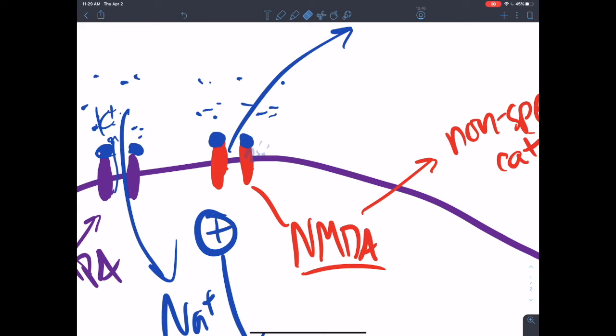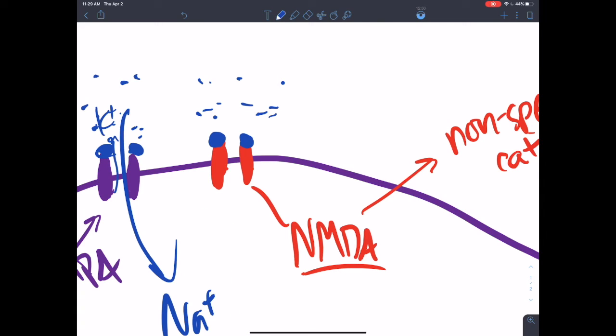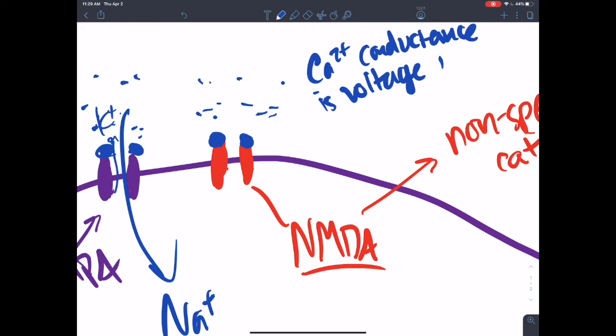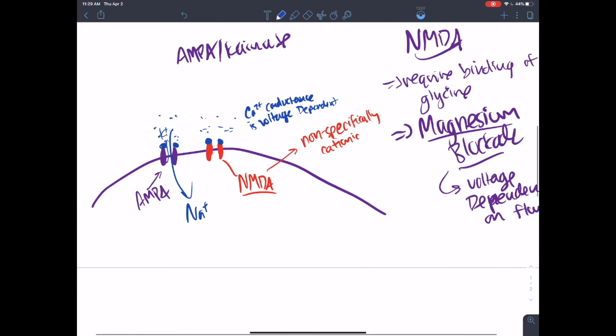This magnesium blockade goes away. And all of a sudden, you have a conductance to calcium. And we say that this calcium conductance is voltage dependent. Another way to say that is you need a pretty strong depolarization of this postsynaptic neuron in order for calcium to come in at all.